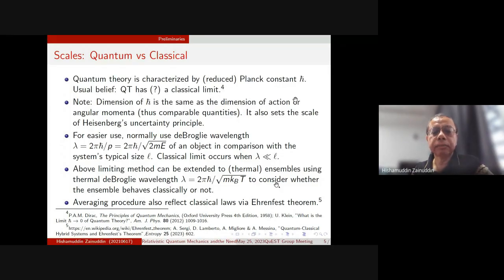So the classical limit occurs when the de Broglie wavelength is much less than the typical size of the system. This is not really as satisfactory because it seems to depend on the size of a system, rather than the case of relativity where you compare with a universal constant, which is the speed of light.